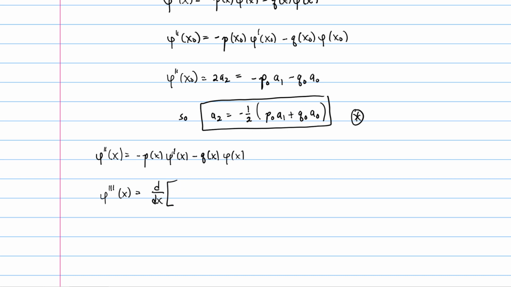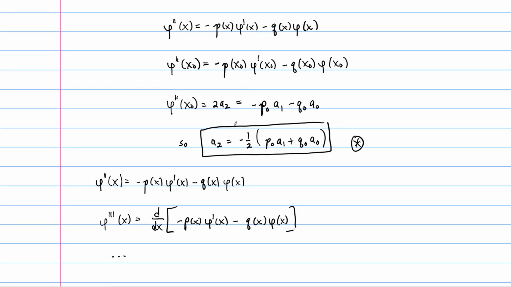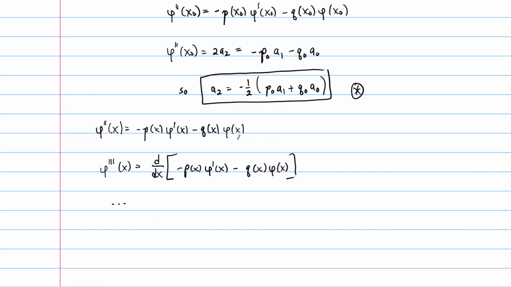But it's the derivative of all this, right? So negative p of x, phi prime of x, minus q of x, phi of x. All right, and so a little more work. I'm just going to write down what we get here. But if you take the derivative, plug in x naught, plug in everything you know previously, then what you'll get is the following.